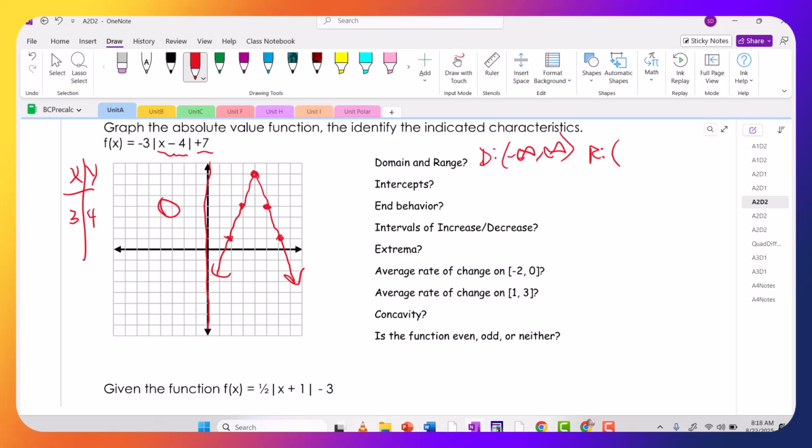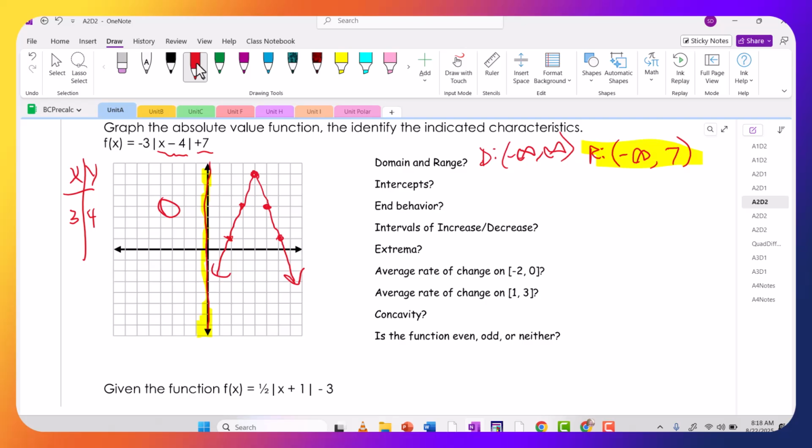But the range is all of these numbers from down here all the way up to here. So I'm going to highlight that. So the range is limited from -infinity all the way up to that y value of the vertex. So be careful and know how to read a graph and read the range.